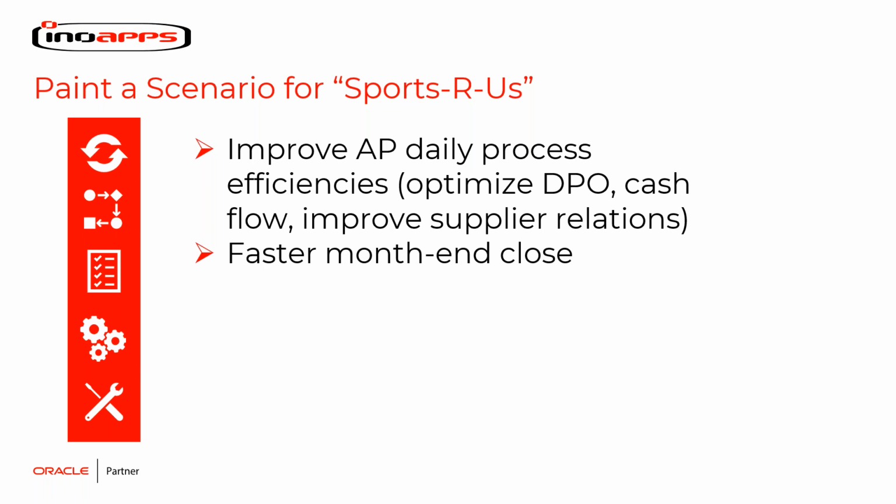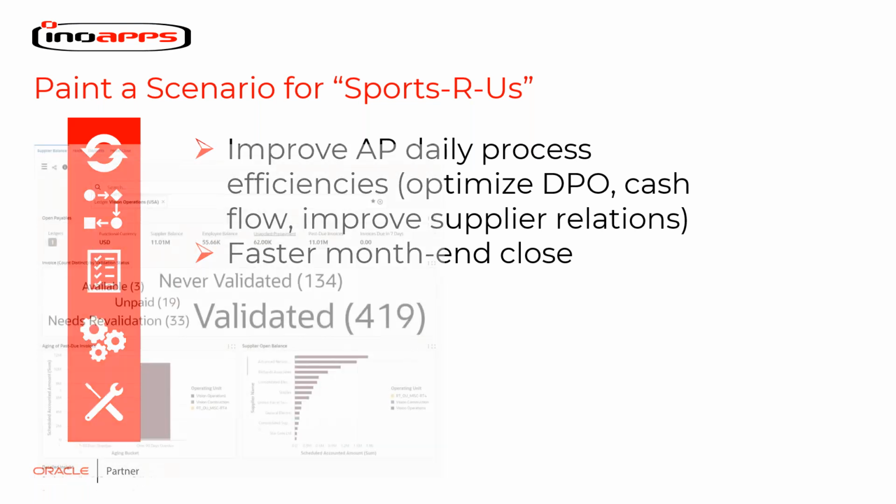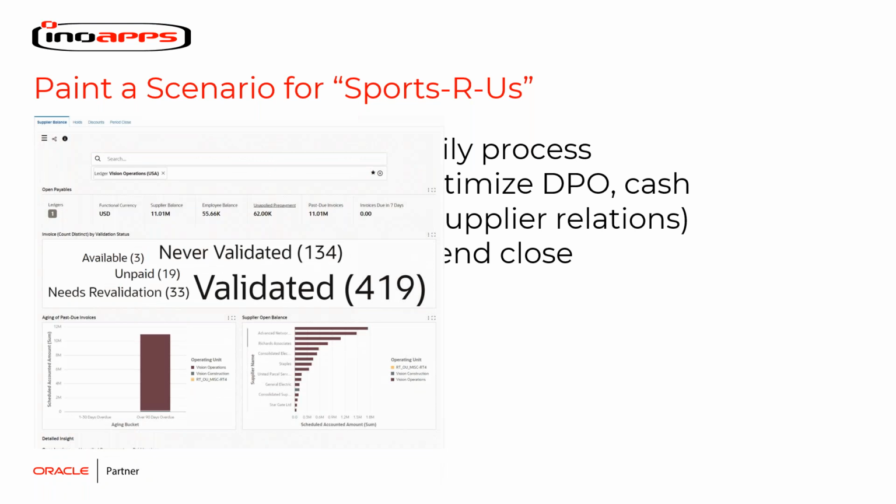That includes making sure that we're paying our invoices in a timely fashion, that we have good cash flow, that we are taking advantage of discounts when we can, and working with our vendors to speed up that month-end close process, because we all know that's the bane of a lot of people's existence, trying to close faster. So with the standard ECC within payables, you have, for example, these 4 dashboards.